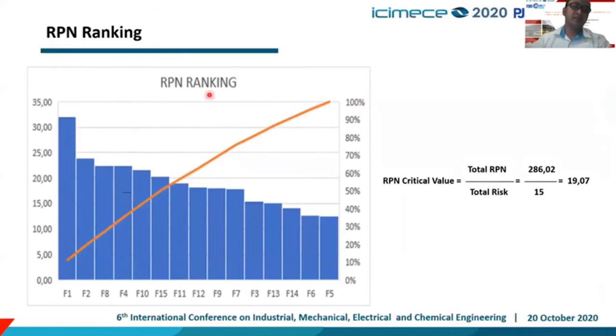With this RPN ranking graphic, we can find the RPN critical value from the total RPN divided by the total risk failure, 286.02 divided by 15, and we have the result of about 19.07, and this is the point.